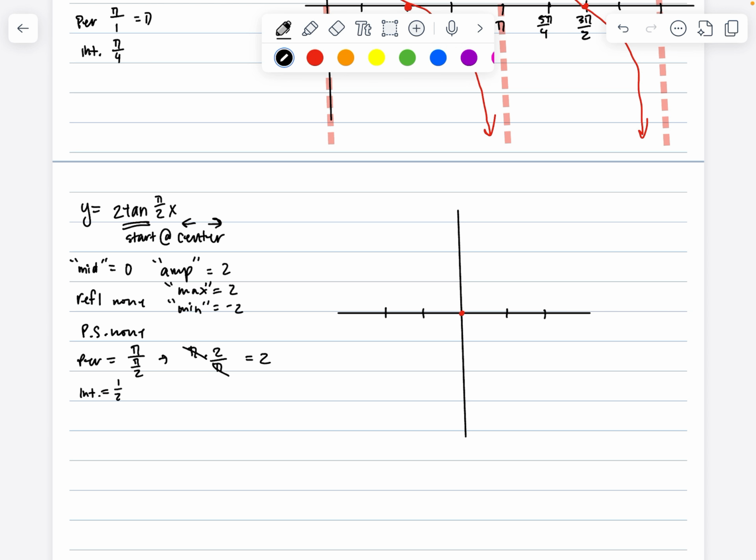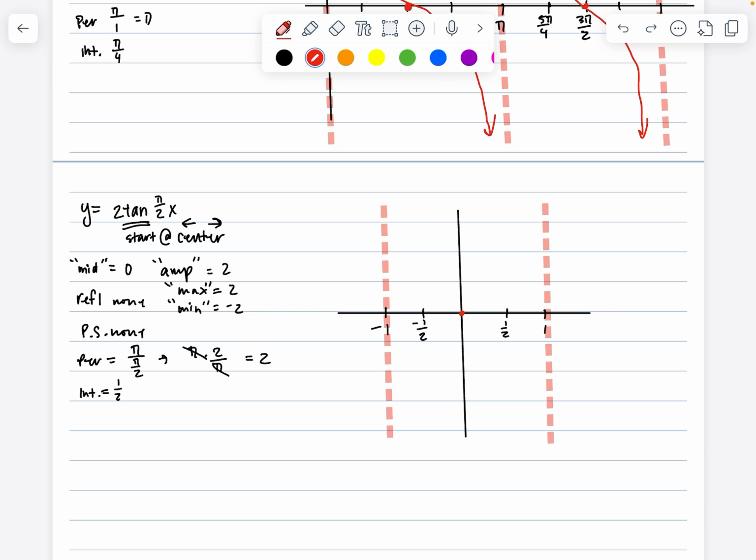Since our period, our interval length, is 1/2, 1/2 plus 1/2 is 1, negative 1/2 minus 1/2 is negative 1, and that will indicate we have asymptotes there at negative 1 and 1. And we clearly see that the distance from negative 1 to 1 is 2, which is our period length.